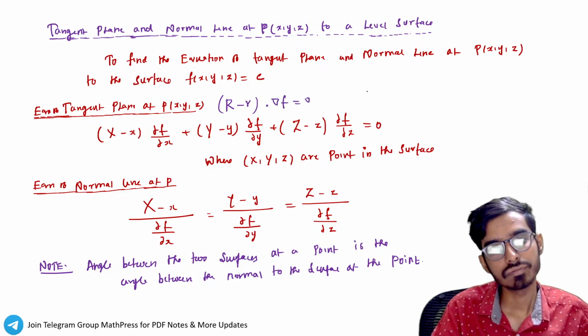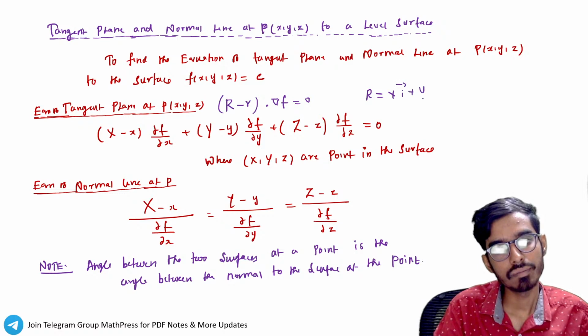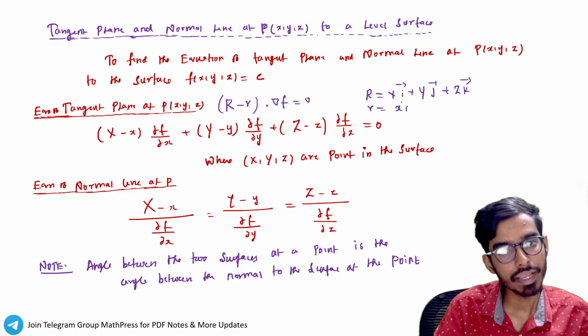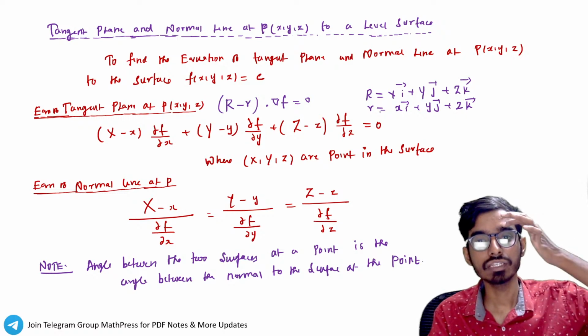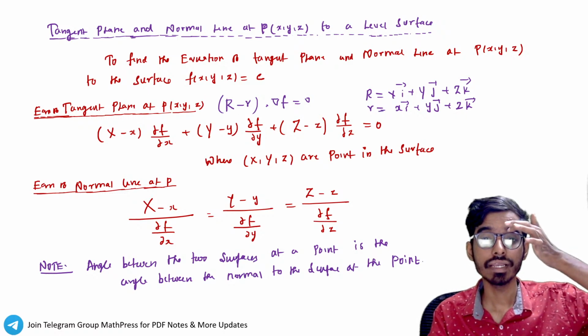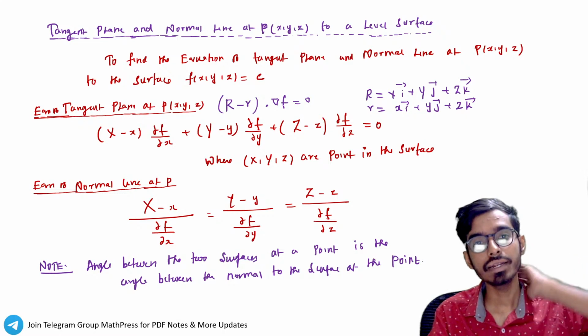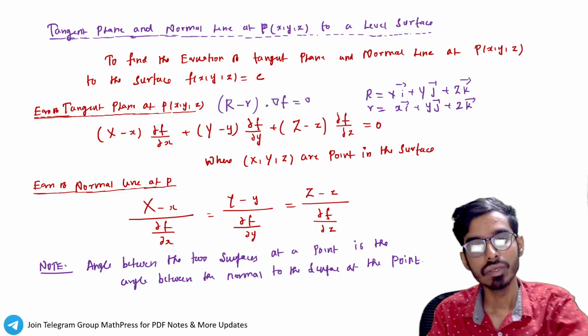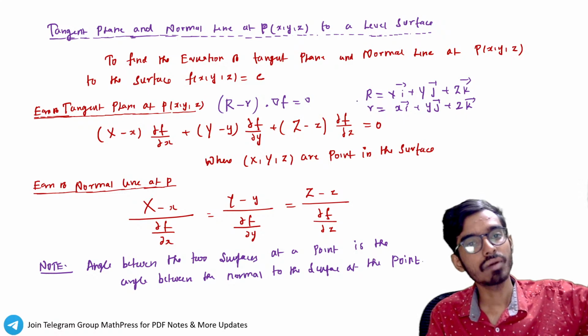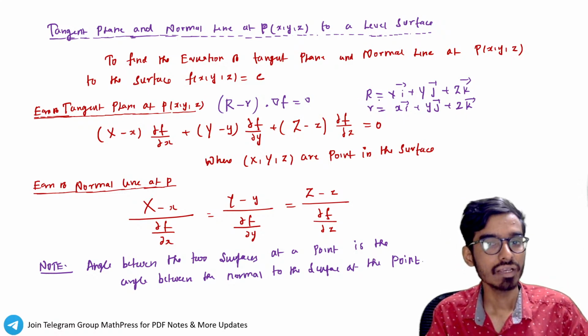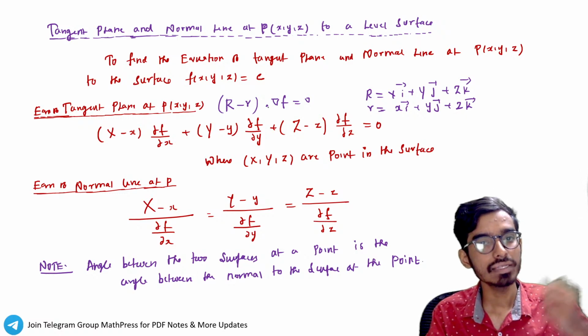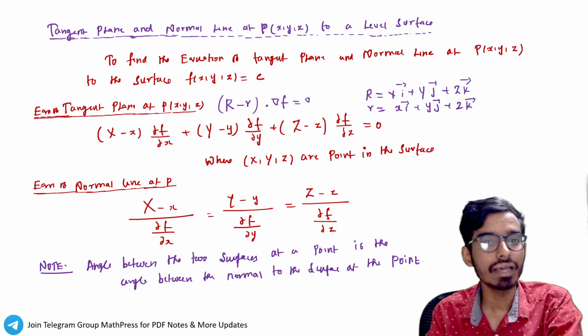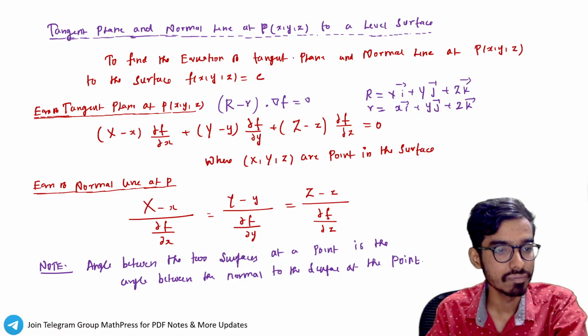This capital R is xi plus yj plus zk, the arbitrary point, and the small r is the point that we are finding: small xi, small yj, small zk. So (R minus r) dot del f, both are the same. Small r is the point P, which is x, y, z.